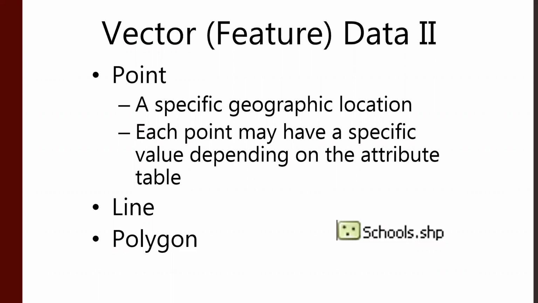And then we can plot it on the planet. These points represent specific geographic locations and then have attributes depending on what's in there. So we can imagine for a schools file, some attributes that might be useful might be school name, address, school level, maybe the mascot. Go Pandas.